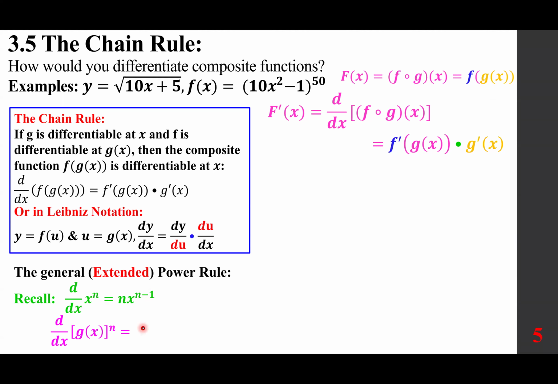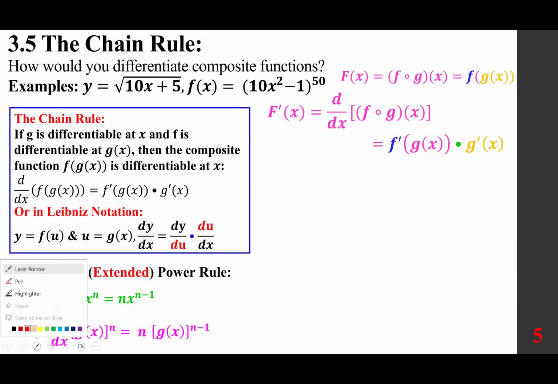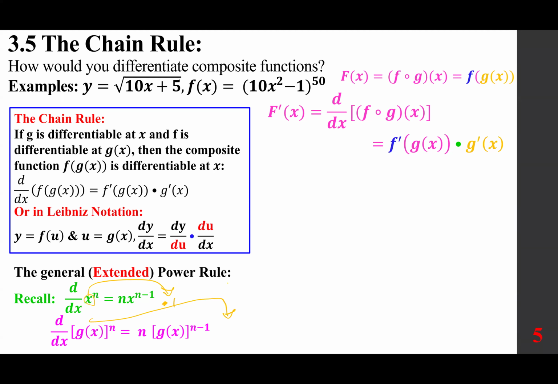We say n, then x to the power of n minus 1 becomes g of x to the power of n minus 1. So far, it's not a big deal. However, as you look at x, you know the derivative of x is 1. So if you said times 1 here, it makes no difference whatsoever. But over here, the derivative of g of x is g prime of x, and it makes a difference. So we have to write that. I hope everybody is okay with that.